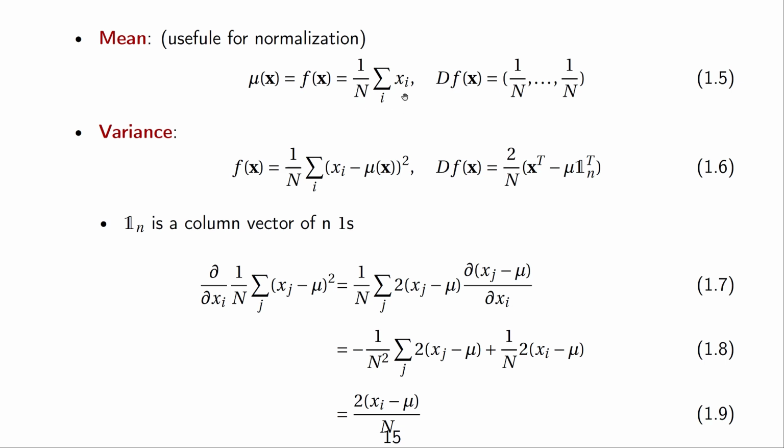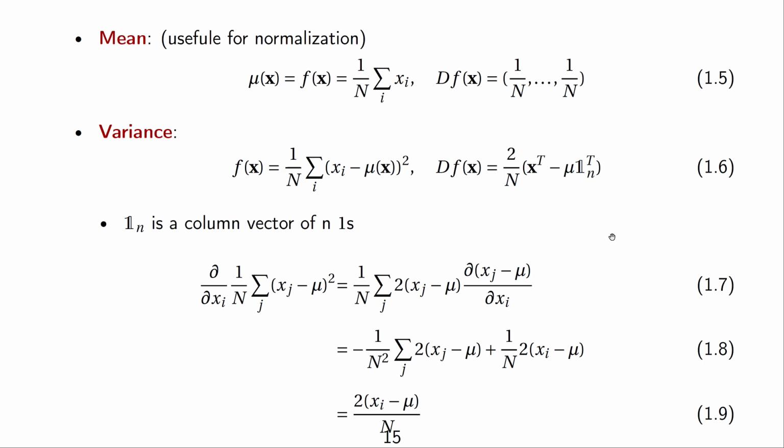Then all the elements in the sum that don't contain x7 would be 0 by the derivative rule, and for the one element of the sum that contains x7, the derivative would be 1, and then we have this constant 1 divided by n. So for all xi, this partial derivative will evaluate to 1 divided by n.